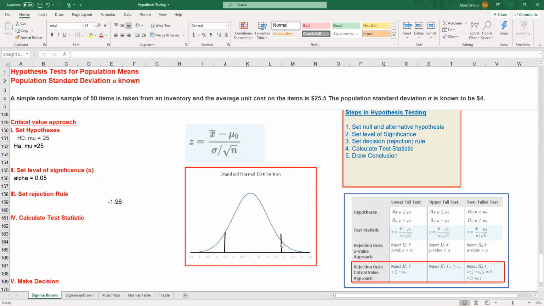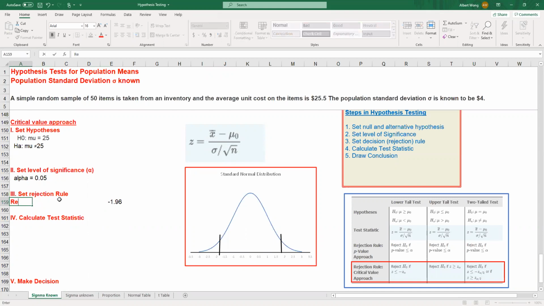So it should be around here, and around here, and the critical value has two sides, right? You can see that under the two-tailed test using the critical value approach, we reject if Z is less than negative Z alpha over 2, or if Z is bigger than Z alpha over 2. So there's two sides to it. Z alpha over 2 is negative 1.96 and positive 1.96.